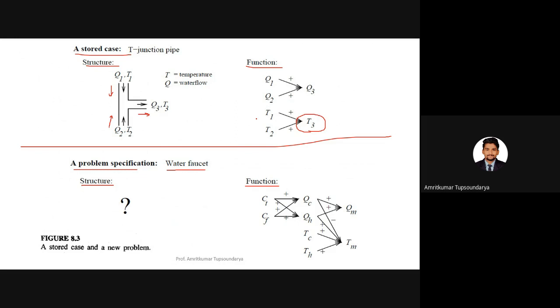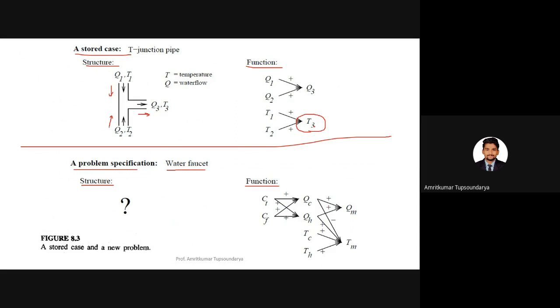But if either T1 or T2 is slightly low, then the output will also be considerably low, right? That is, if T1 temperature is low and T2 is high, the summation of these two will be T3, right? So this is the upper half of this particular diagram.